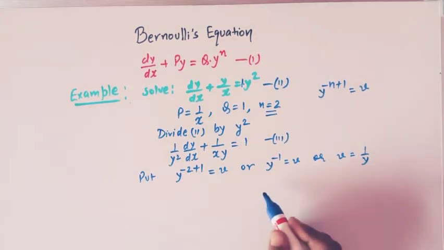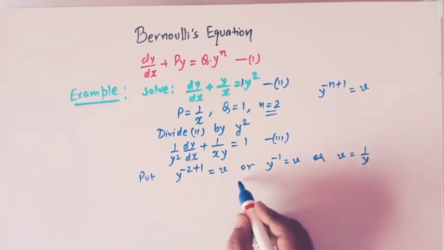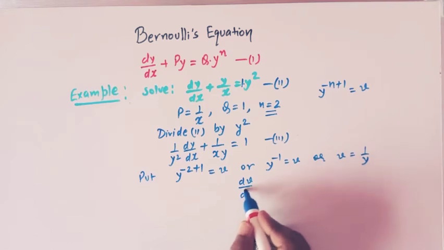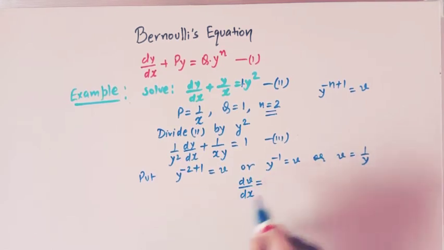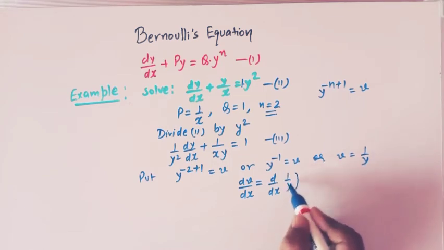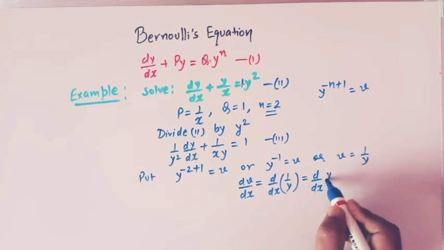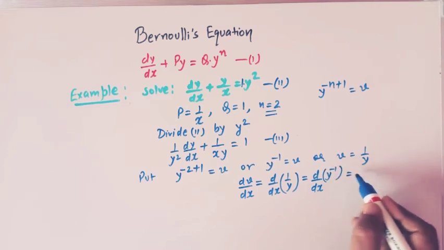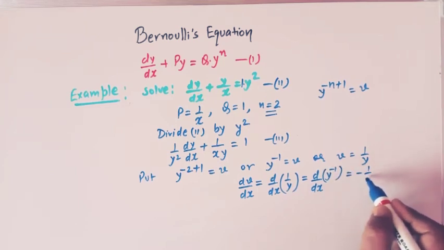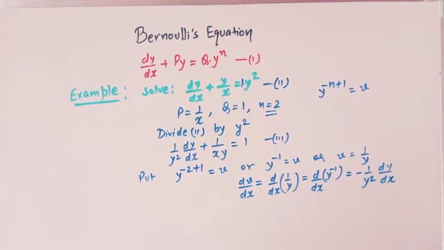So now we'll find dv over dx. dv over dx is equal to d by dx of 1 over y, which can be written as d over dx of y raised to minus 1. So this is minus 1 over y squared dy over dx, right?